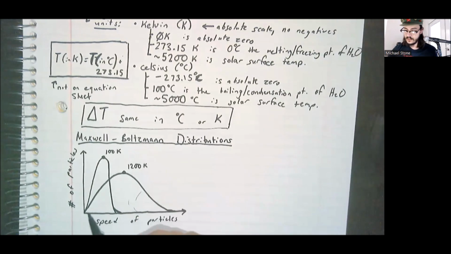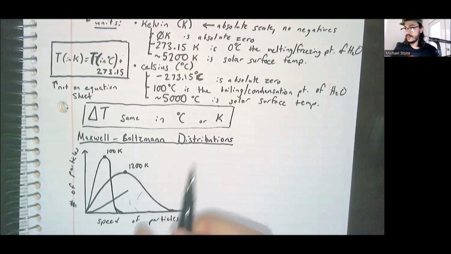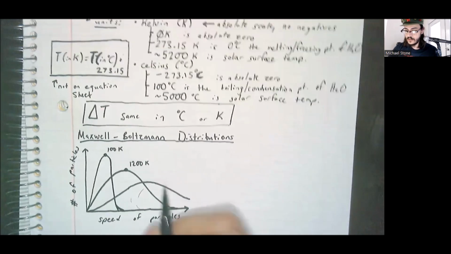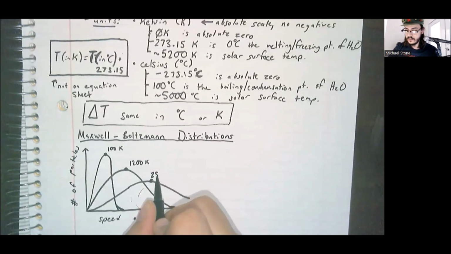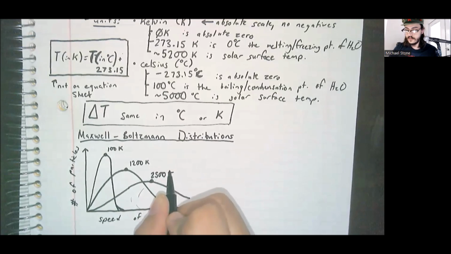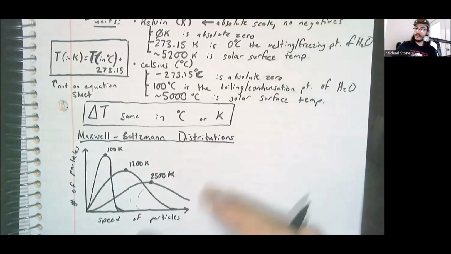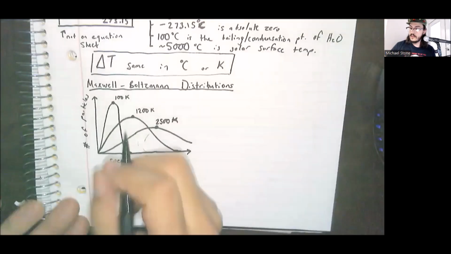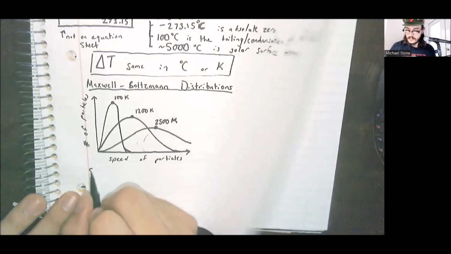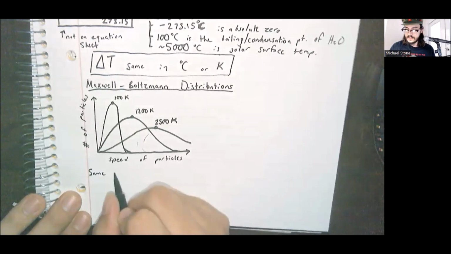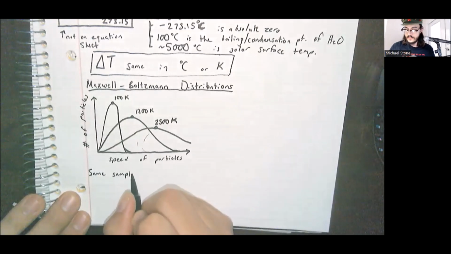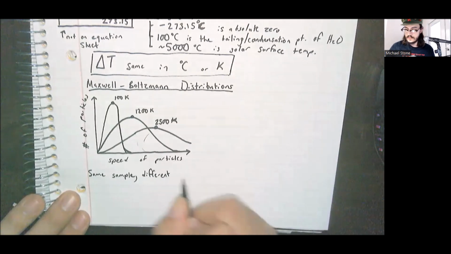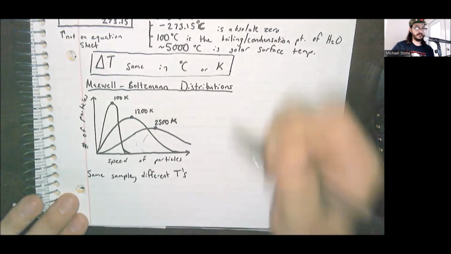And if you were to continue heating it up to maybe like 2500 Kelvin, your distribution gets even broader. So again, this one is all with the same sample, and the difference is the temperature.